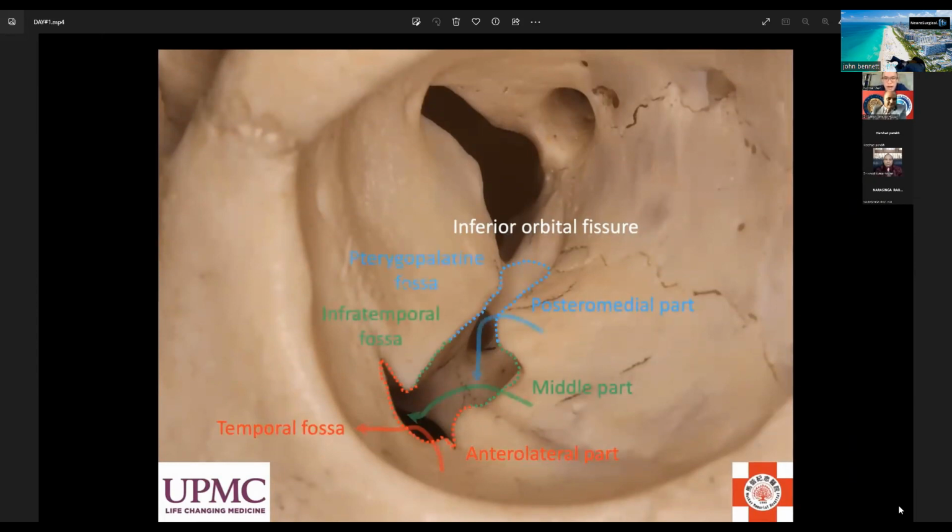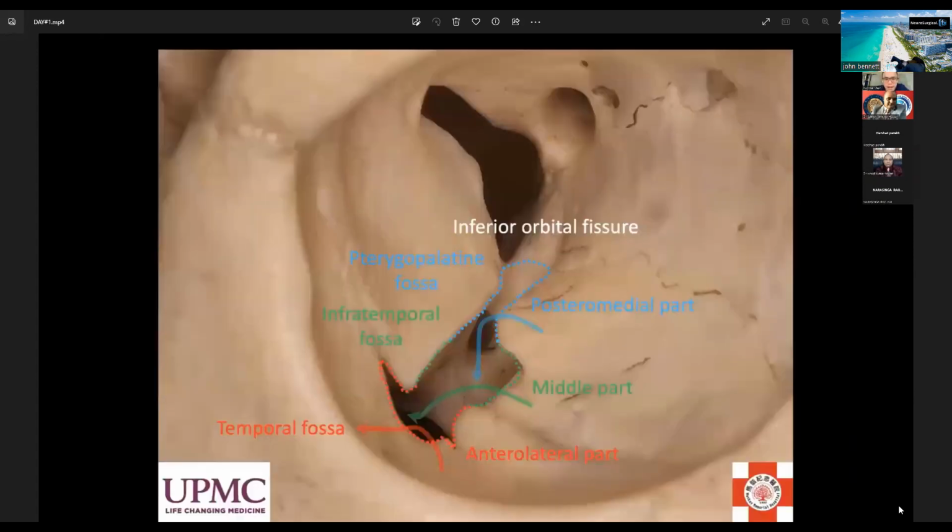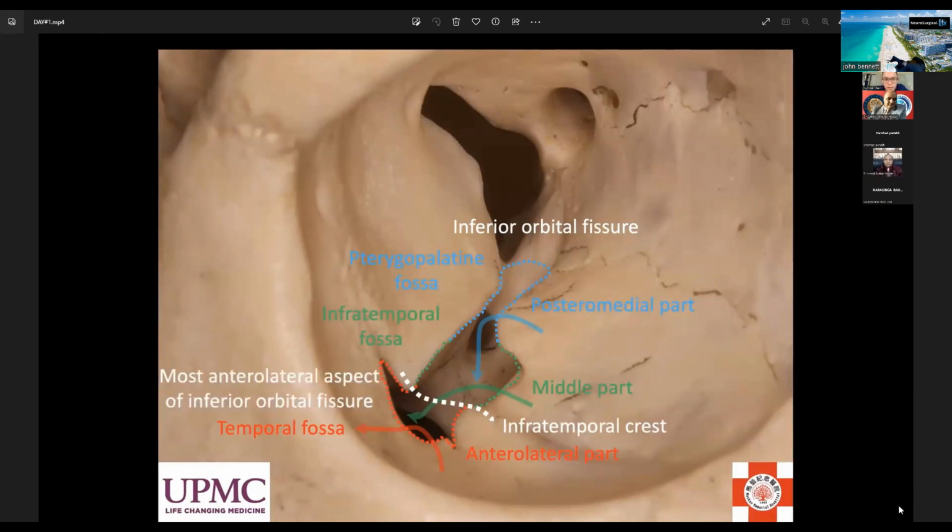The posteromedial part connects the orbit with the pterygopalatine fossa. According to Professor Rhoton's article, the boundary between the anterolateral part and the middle part is the infratemporal crest. So the anterolateral part is from the most anterolateral aspect of the inferior orbital fissure to the infratemporal crest.